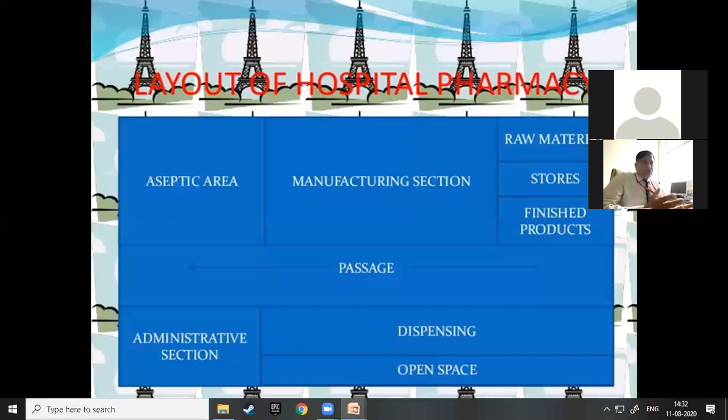Then you have to be able to draw this diagram. It includes the aseptic area, manufacturing section, raw material stores, finished product, passage, and administration section. Here we maintain all records. Some computers are also placed in this area, along with the dispensing area and open space.